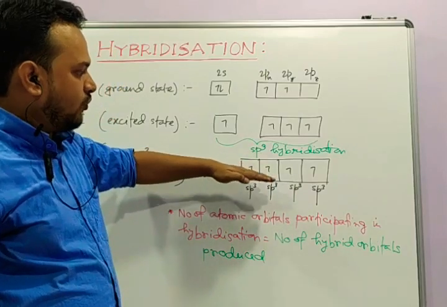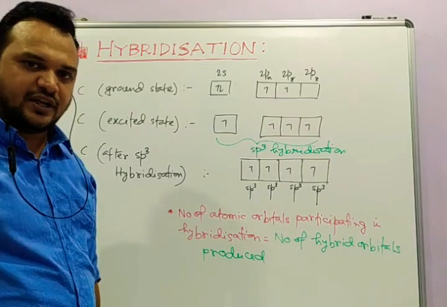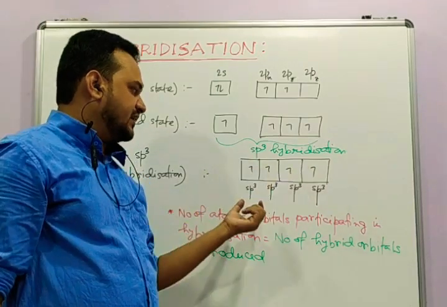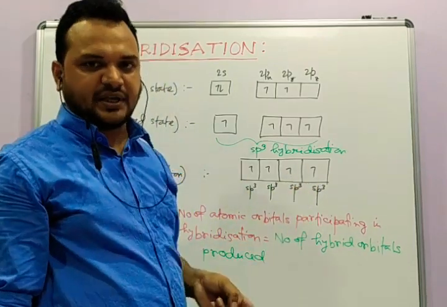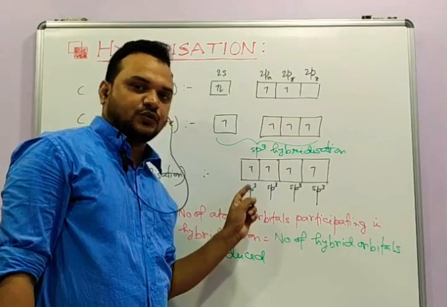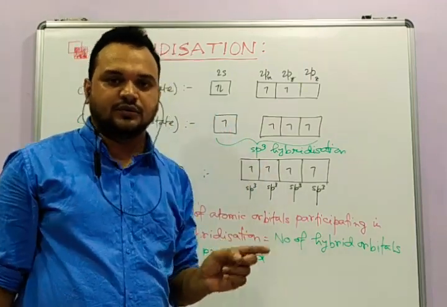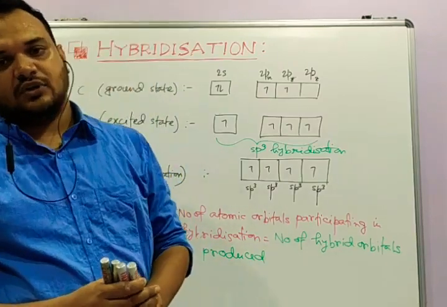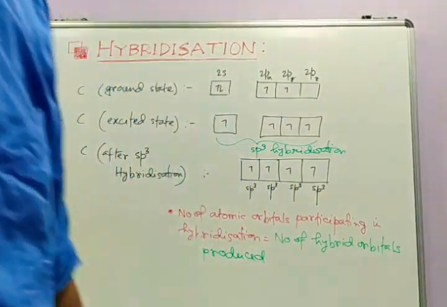So now we have 4 unpaired valence electrons in 4 energetically equivalent sp3 hybrid orbitals. That is why all the 4 CH bonds in the methane molecule are exactly identical in terms of bond energy and bond length.